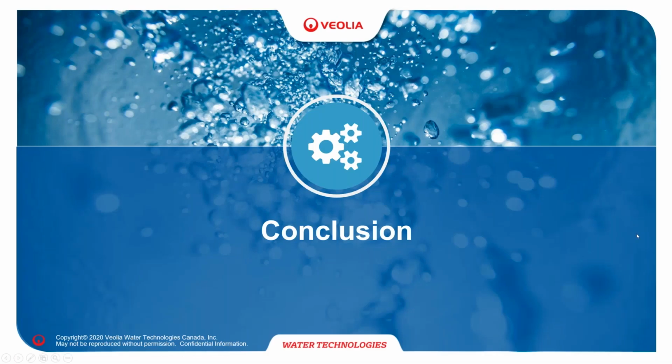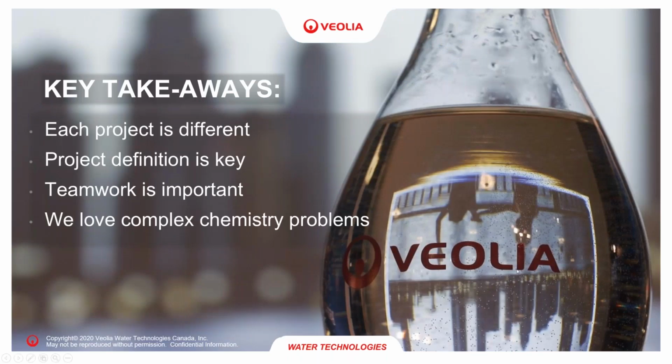So, conclusions. Basically, each project is different, and I presented today 3 different case studies in 3 very different environments and contexts. We need to have a good project definition.